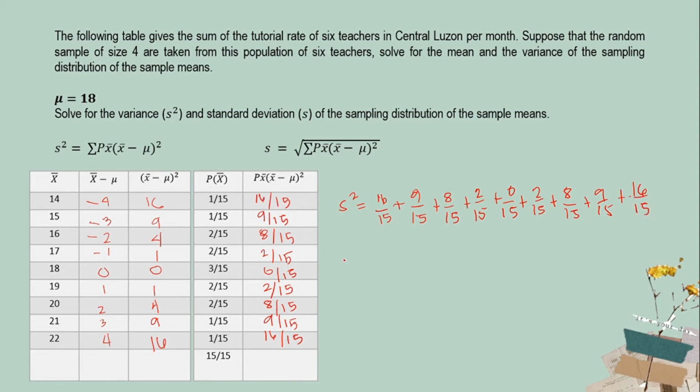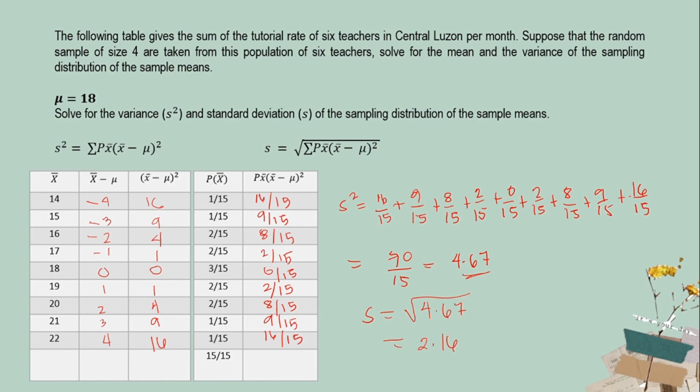It will give us a total of 70 over 15, which is equal to 4.67. Then for the standard deviation, we're going to get the square root of the answer that we get from the variance. So the standard deviation is equal to the square root of 4.67, which is equal to 2.16.